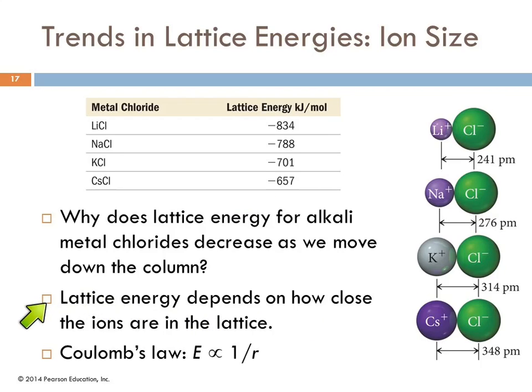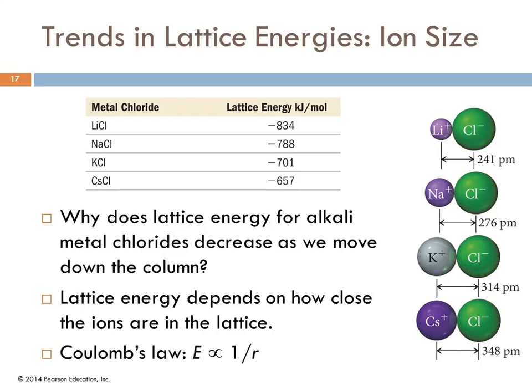Well, it has to do with the size of the ions. Lattice energy is going to depend on how close the ions in the lattice are. We learned that as we go down a group, the ions or the atoms get larger, right? So cesium ion is larger than lithium ion. Because it's larger, the distance between these two is going to be greater.